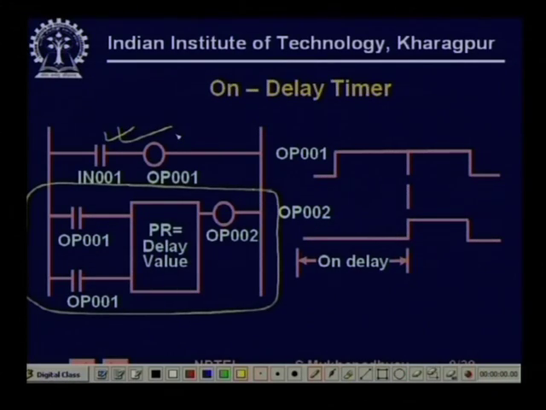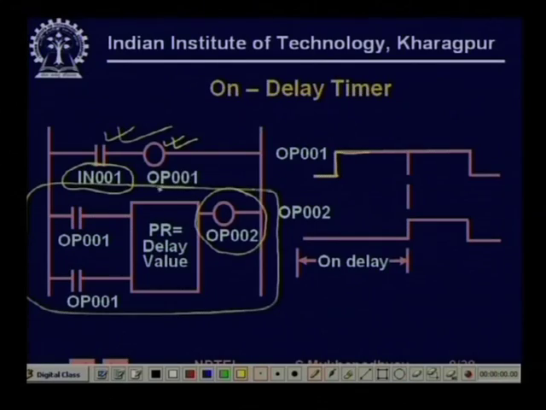How? Suppose we asserted this input. Immediately when we asserted this, this output goes high. But we want the other output, that is OP002, to go high after a short delay.